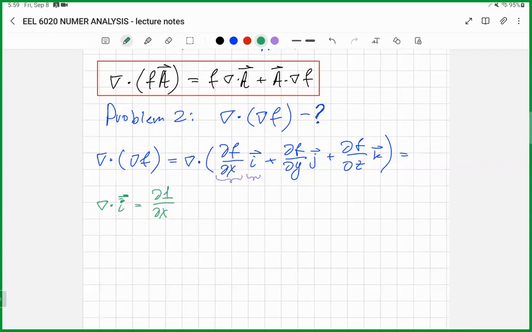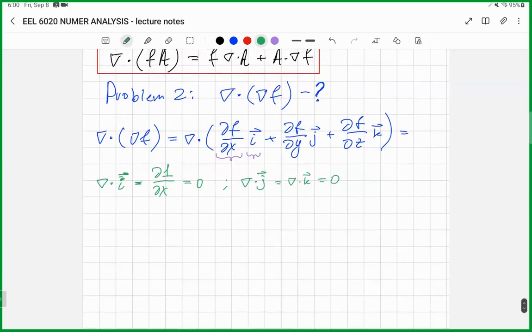The derivative of a constant by any variable is 0, so it's equal to 0. The same way for j and for k, all these are equal to 0. So now we need to take the derivative of the unit vectors.